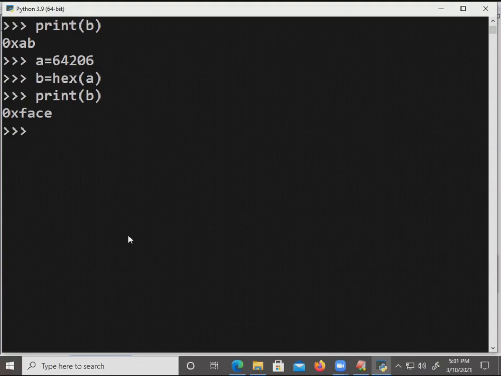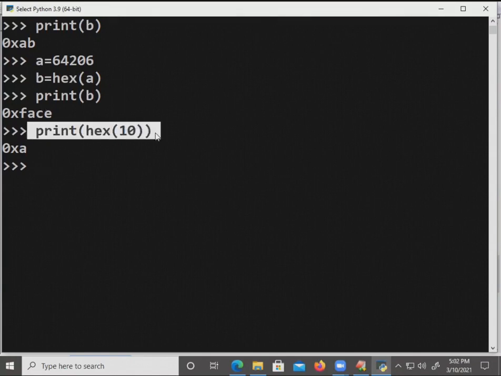Are you okay? Sometimes they will ask you directly like this: print of hex of 10. What is 10? A decimal value, which is converted to which type? What is the result? 0xa. Are you understanding? Yes. So like that we can take it.